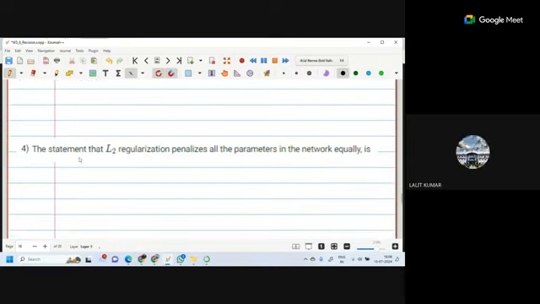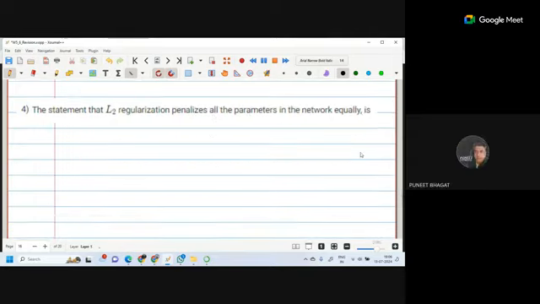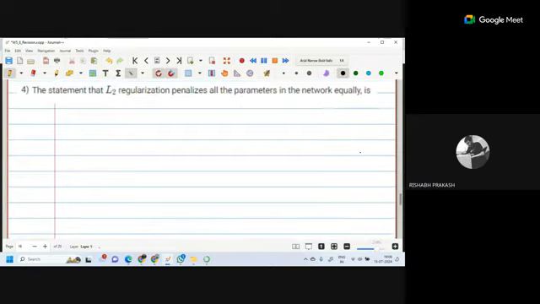The statement that L2 regularization penalizes all the parameters in the network equally. No. For more significant, it penalizes this, I guess. It penalizes the fringe ones. So remember this, this origin which is there.